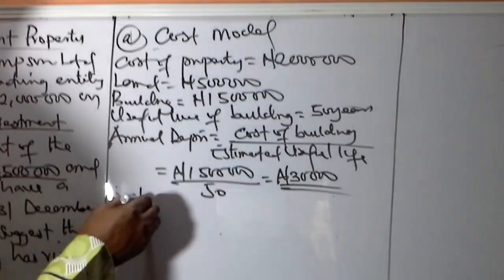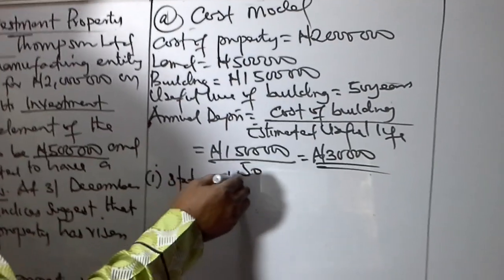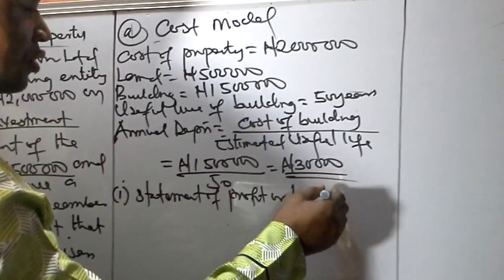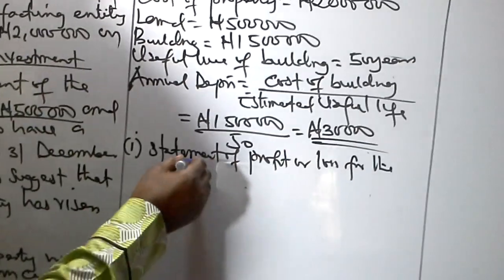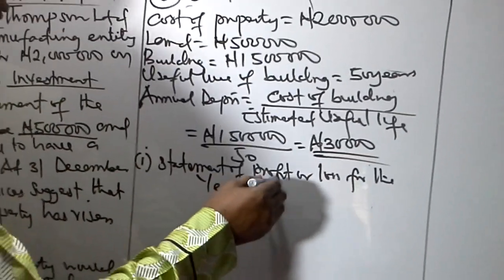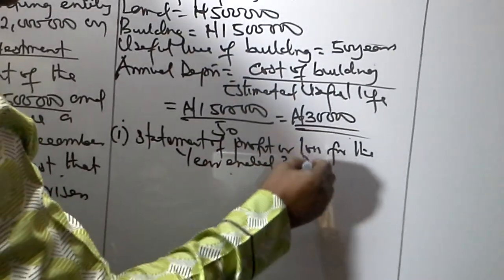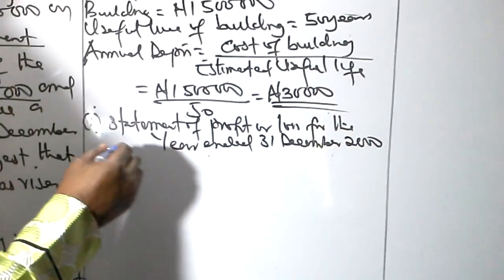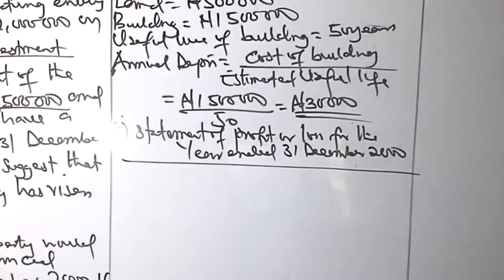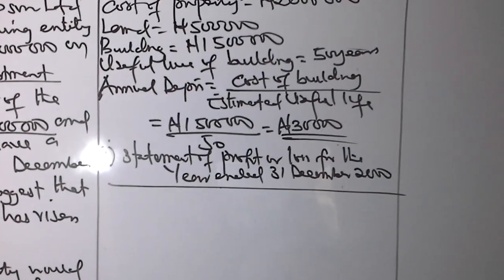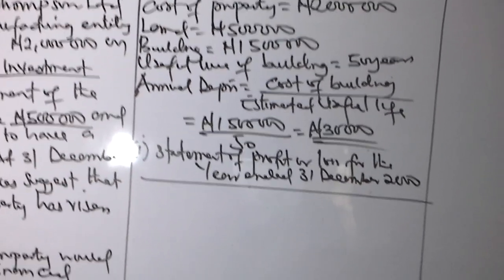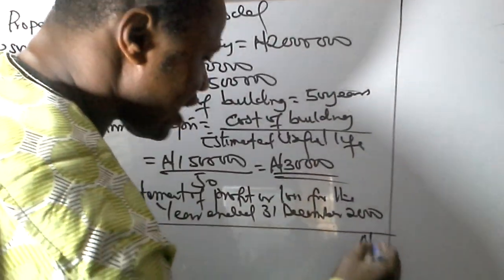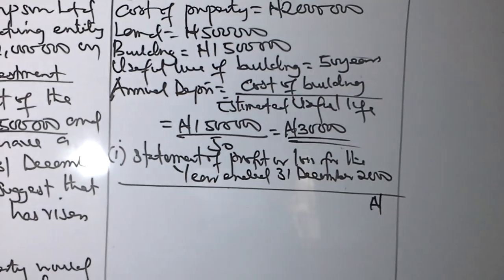So the statement of profit or loss for the year ended 31st December 2000. Now, what item will come here?